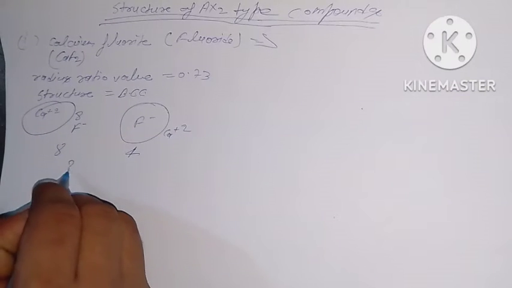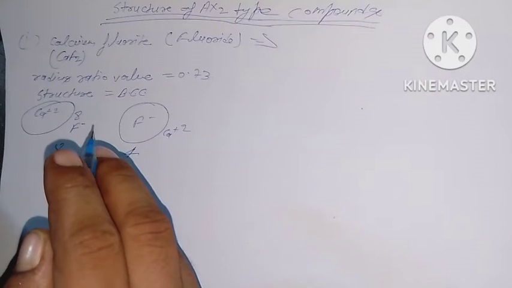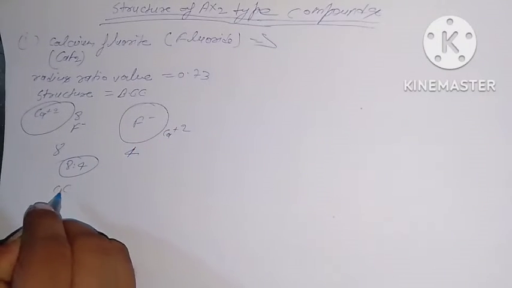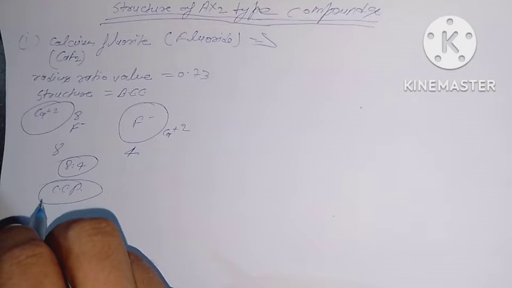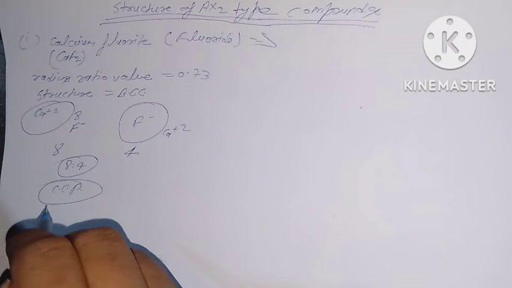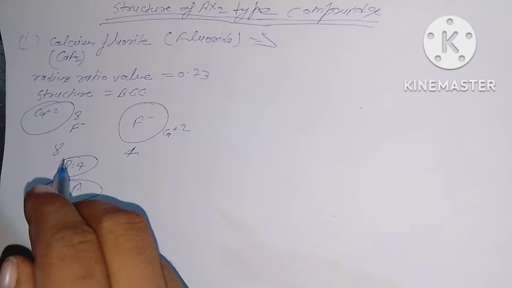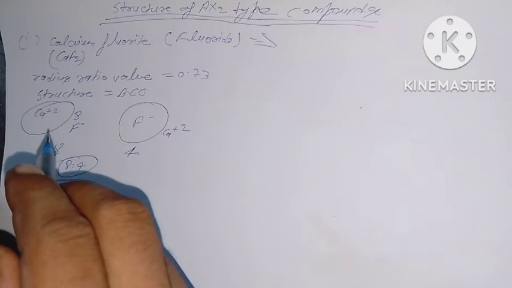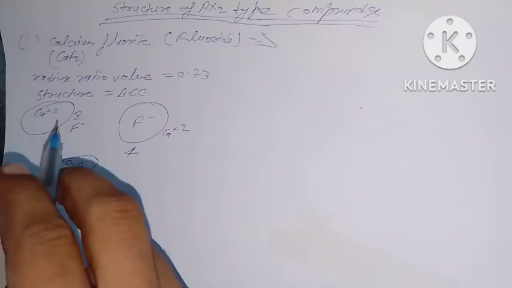Calcium positive ions in the fluoride structure are arranged in a face-centered cubic close-packed arrangement, CCP. All 8 tetrahedral sites created by 4 calcium positive ions are occupied by 8 fluorine ions. The calcium fluoride structure has also been shown in this figure.